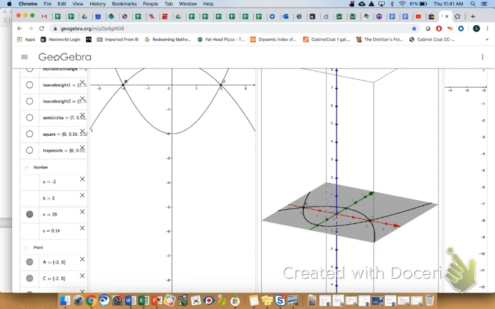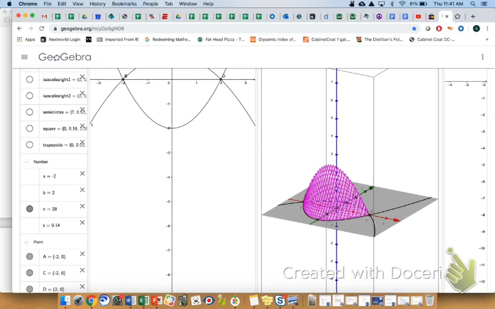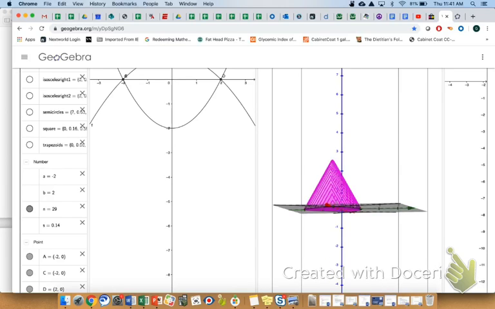So check this out. If I made my cross sections equilateral triangles, whoa, it's a lot of them. Can you guys see the triangles forming the cross sections now? And here's the base still.